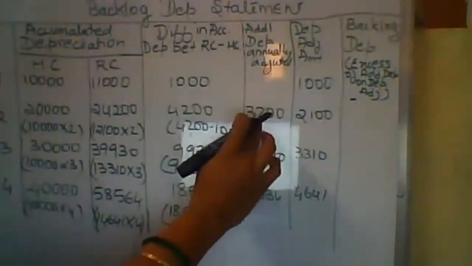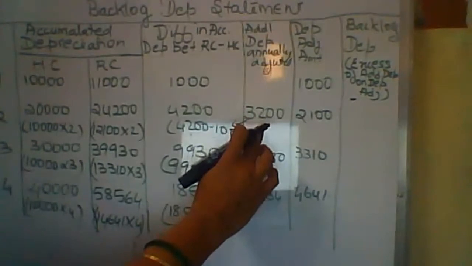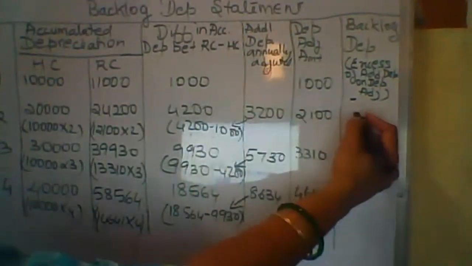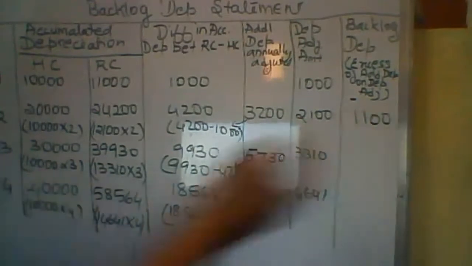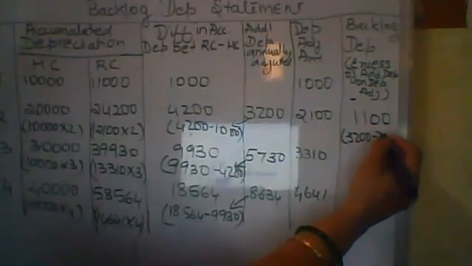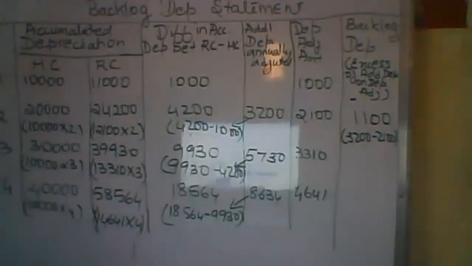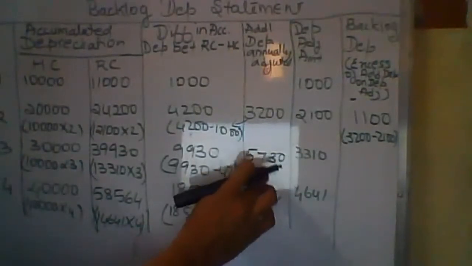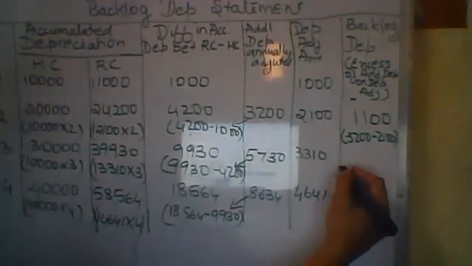Second year 3,200 I should adjust, but I adjusted according to depreciation adjustment only 2,100. It means 1,100 yet to be adjusted. How? 3,200 minus 2,100. Third year, already I have adjusted 3,310, but totally I should make adjustments 5,730.